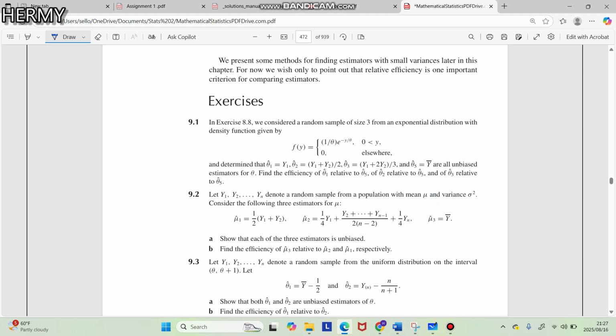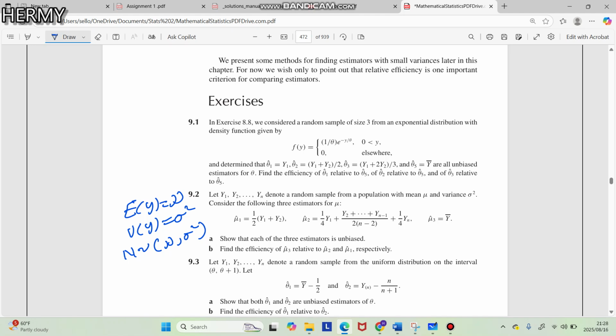So they will say mu and theta. It means the expected value of y is just mu, and also the variance of y is just sigma squared. So it's a normal distribution where it was derived from mu and sigma squared. So it's normally distributed.